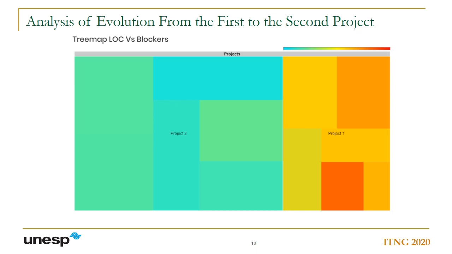Although the second project has a larger area, a larger number of lines of code, its color is lighter, indicating fewer blockers. So the second project is bigger, but the number of blocker violations is fewer.